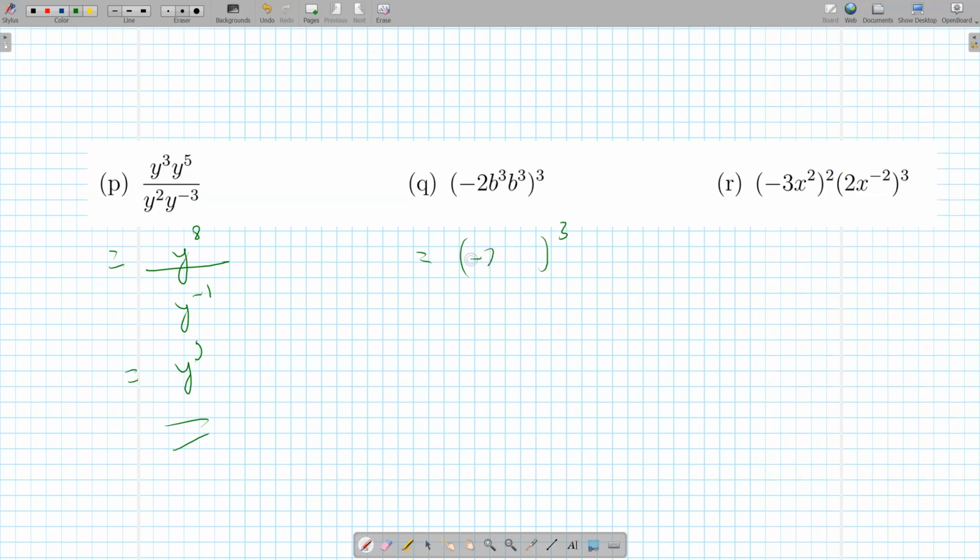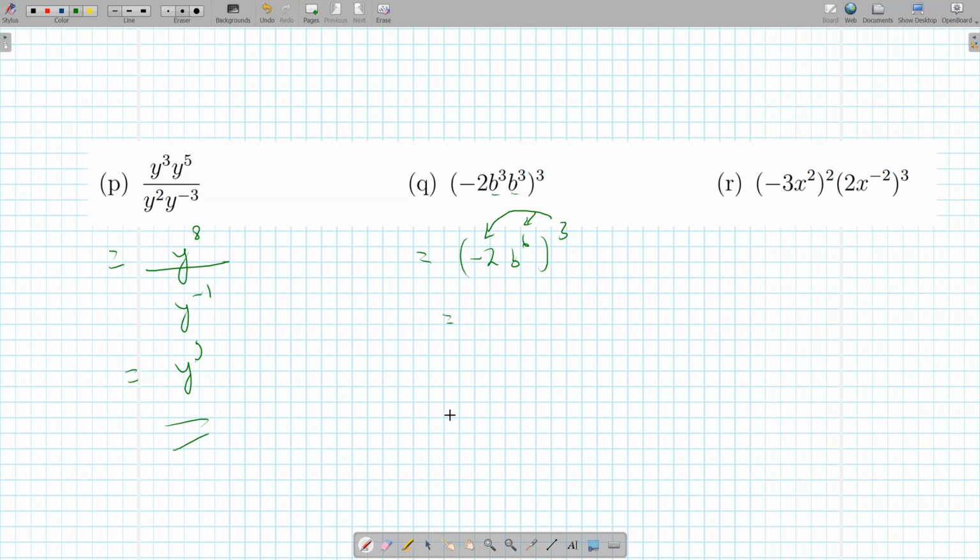The negative 2, we'll just leave it as it is. B3 times B3, what is that? B6? Yeah, now open the brackets. The 3 on the outside applies to negative 2 and also applies to the B. So what's the final answer here? It won't be B27, that's for sure. Negative 6B?